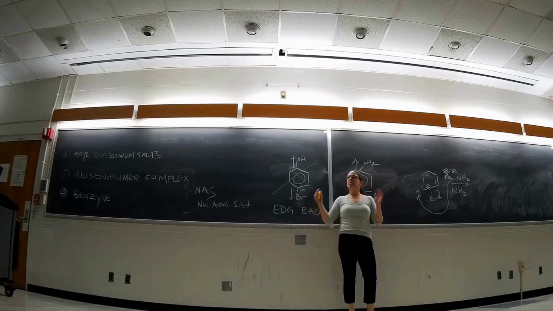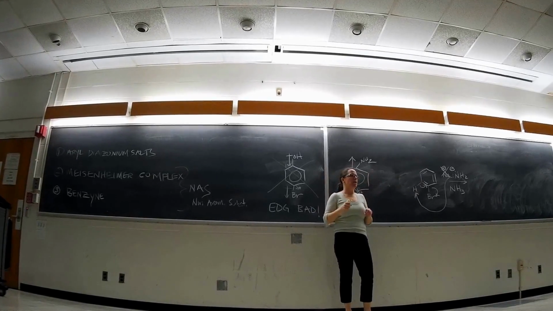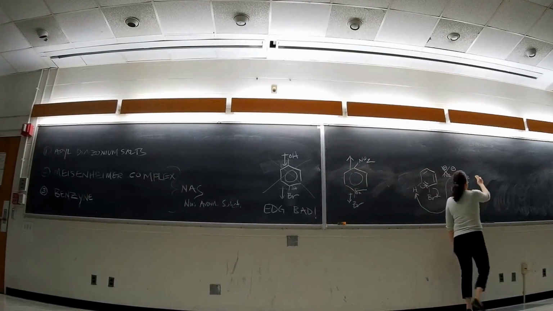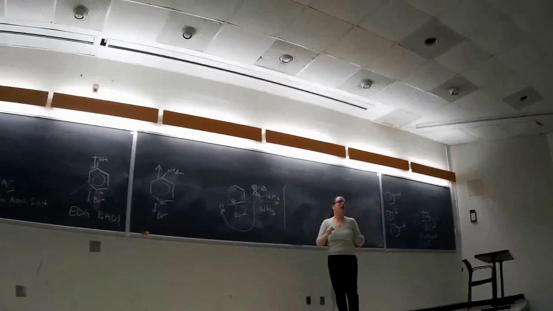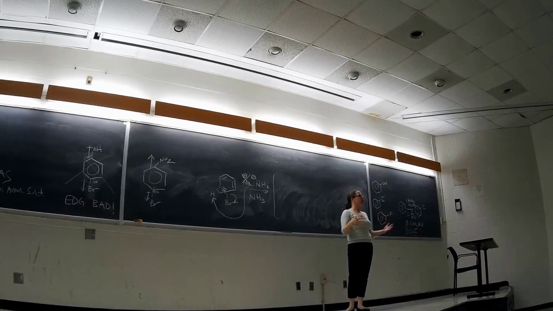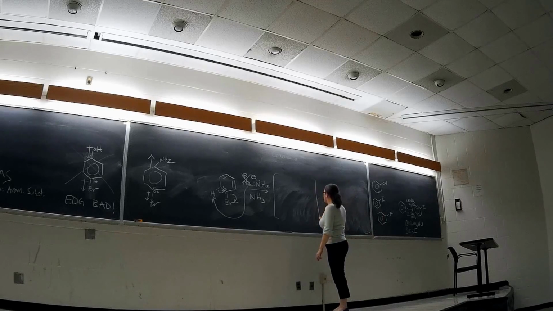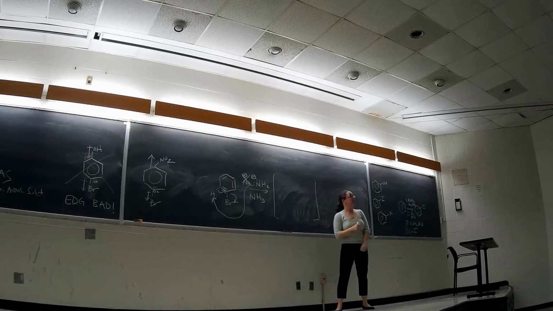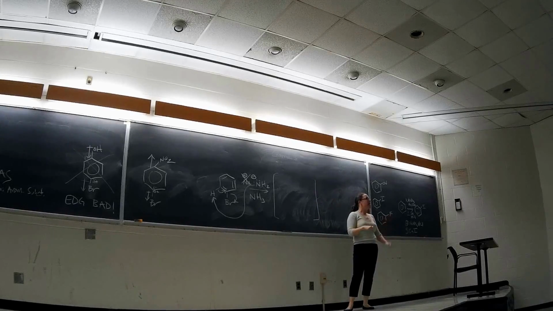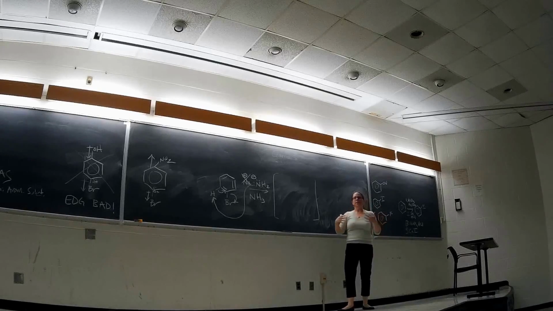Now this intermediate, I use my little quotations, is very hard to capture and bottle. Anything that's relatively unstable, you can't actually stick in a bottle and put it on your shelf as a wonderful prize. This is something fleeting, so we're not going to call it a transition state, but I am going to bracket it as if it's not something that's going to stick around.